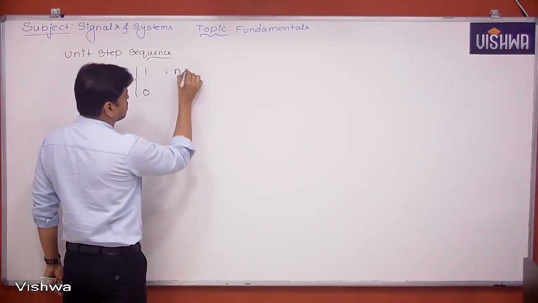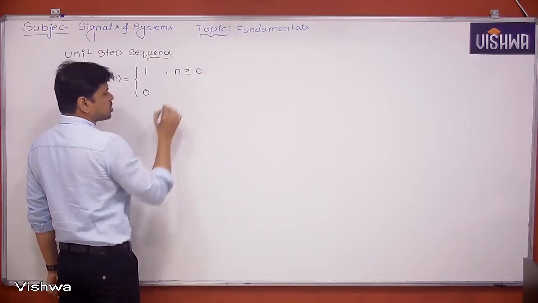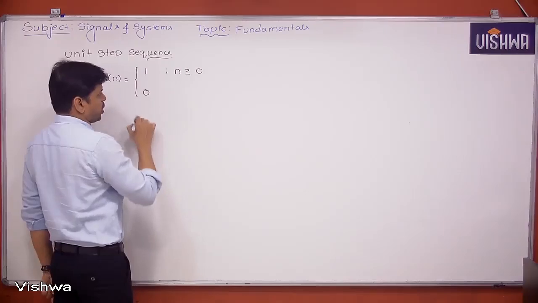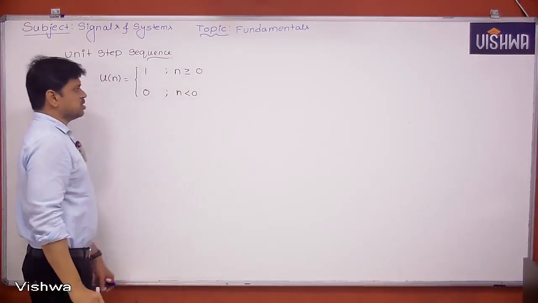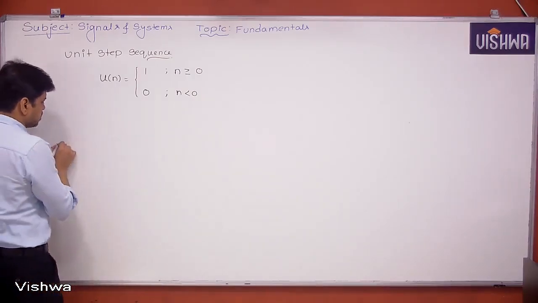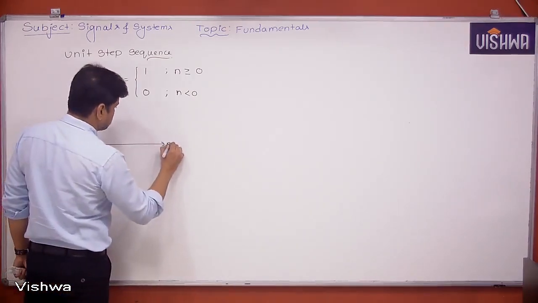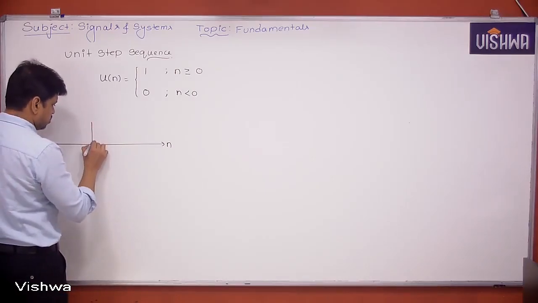When n is greater than or equal to 0, meaning at n equal to 0 also, the value is 1. And for n less than 0, its value is 0. So that's u of n. If I represent this graphically, at n equal to 0, its value is 1.